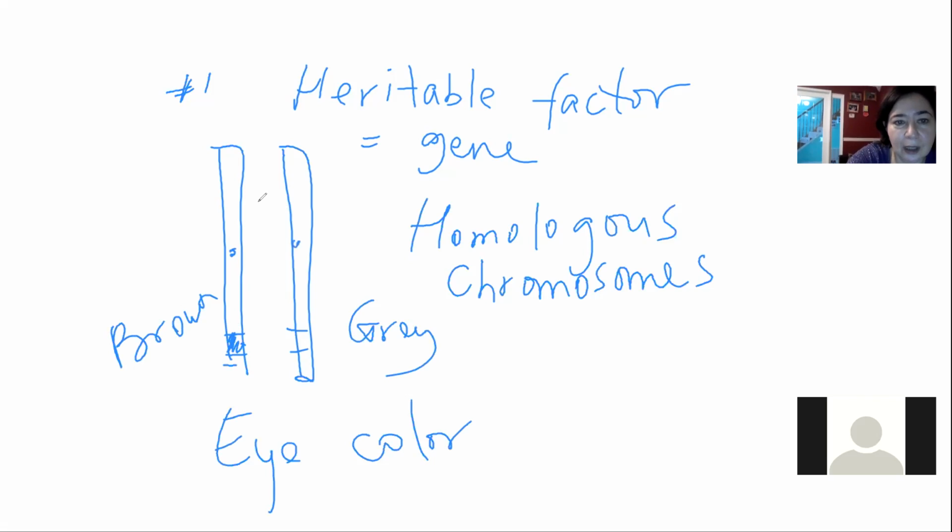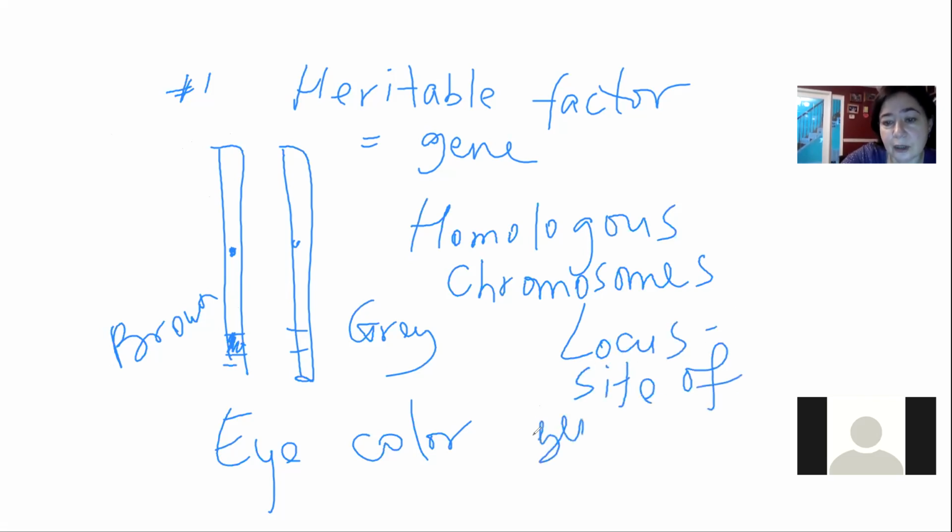Usually this is called the shoulder. Whatever is above the centromere is called the shoulder, the short shoulder and the long shoulder. It doesn't really matter. What matters is that each gene has a locus. Locus is the site of a gene on a chromosome.